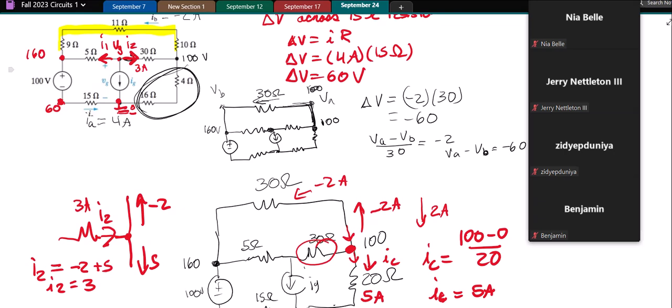Now I can do a KCL over at this node. Can I? No, I don't have enough yet. Okay.